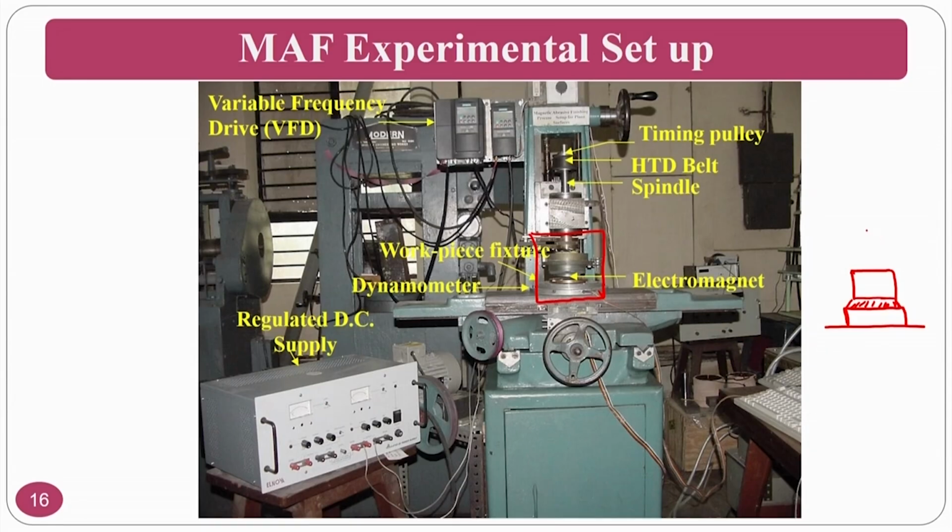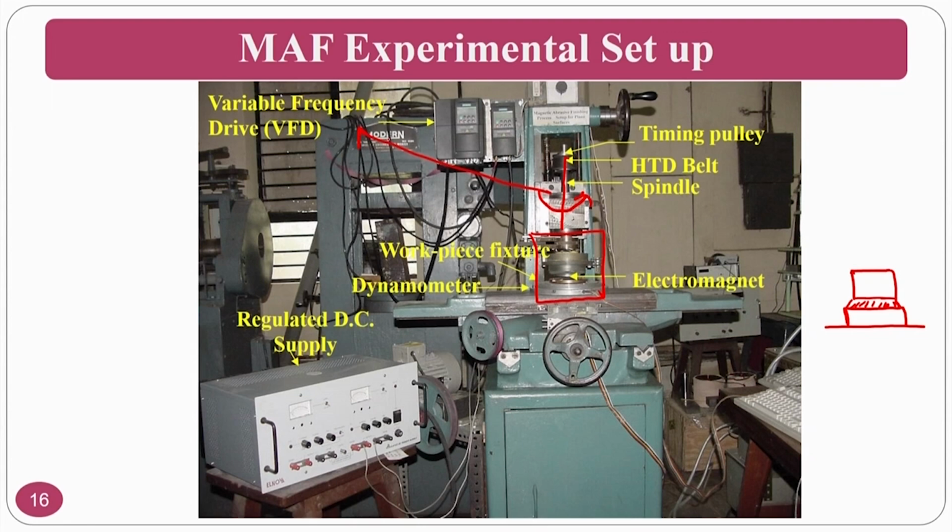The rotation is given by the variable frequency drive, which rotates the flexible magnetic abrasive brush, the spindle that connects to the flexible magnetic brush, that is this one. So, it will be rotated by the variable frequency drive. Okay.